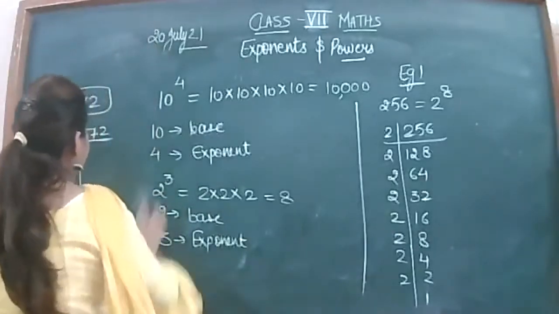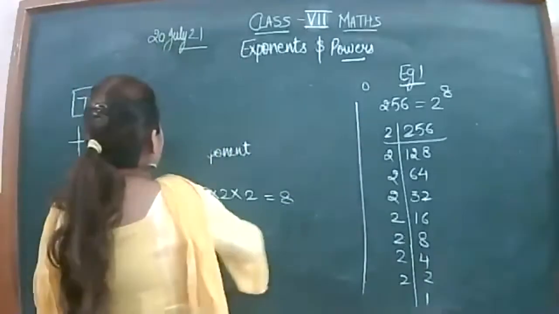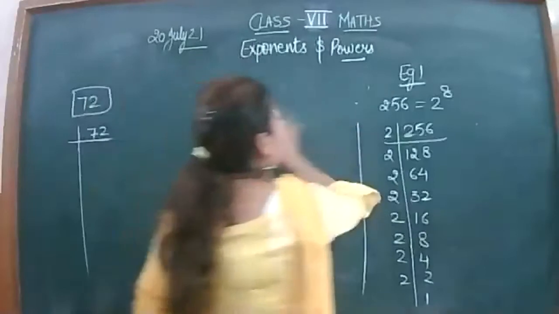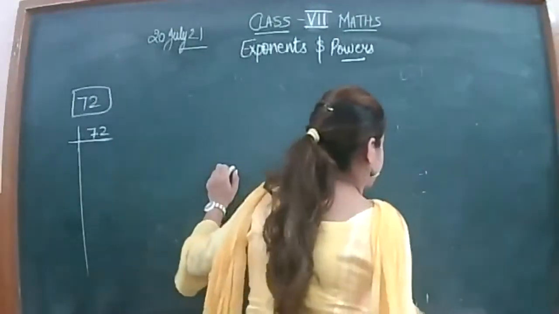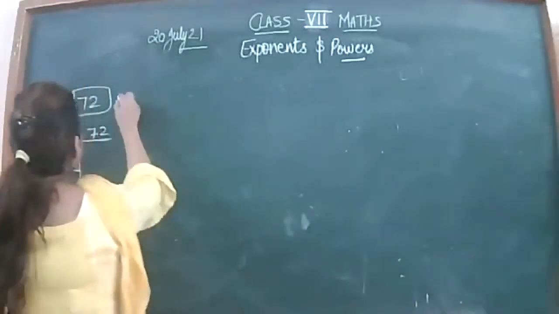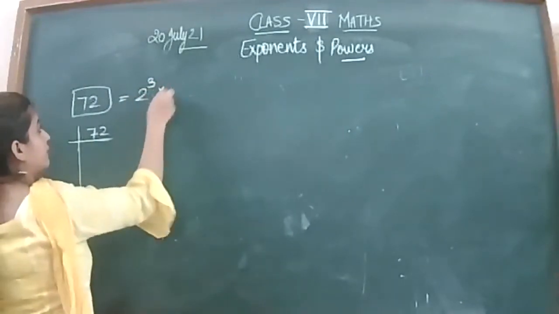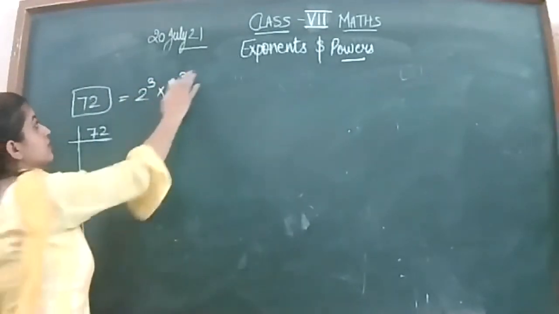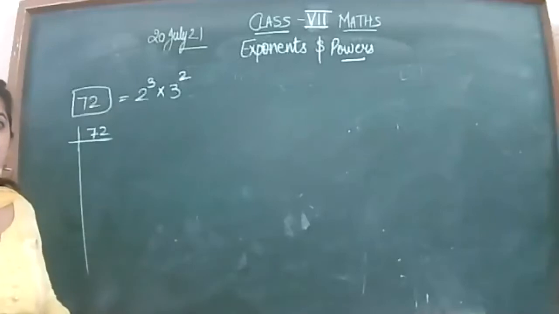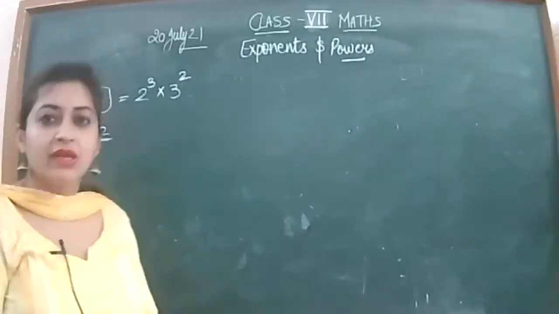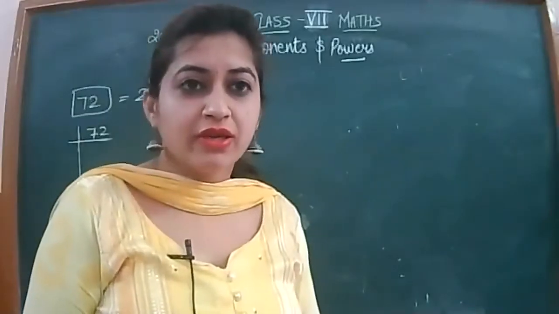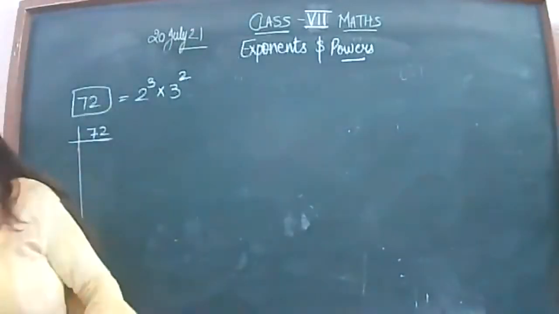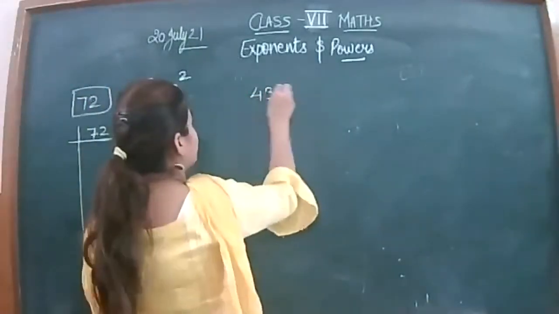Done. So 72 can be written as... is it okay? Have you written in this form? Drishti. Okay. Next, write down 432.